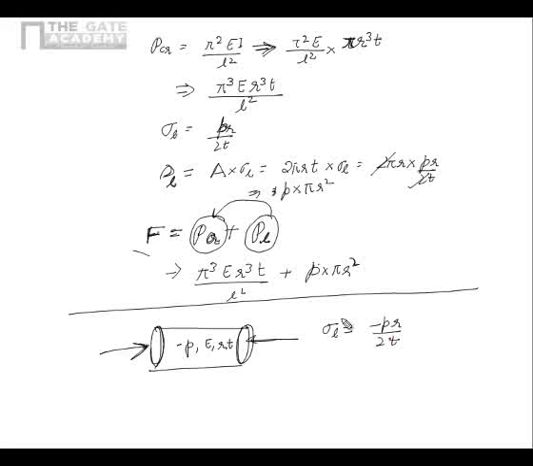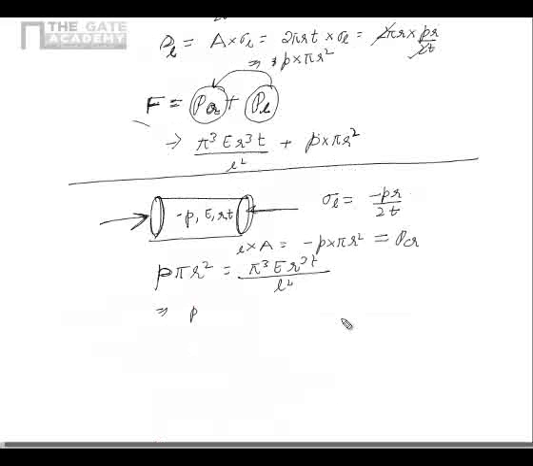Now this sigma L multiplied by the area of cross section which is being resisted is nothing but minus P into pi r square, which is equal to P critical, already found from this equation. Then buckling happens. So in terms of numeric quantities, P into pi r square is equal to pi cube E r cube T upon L square.